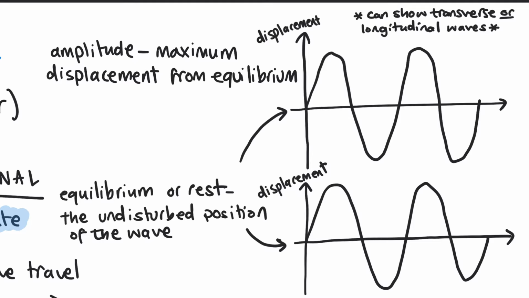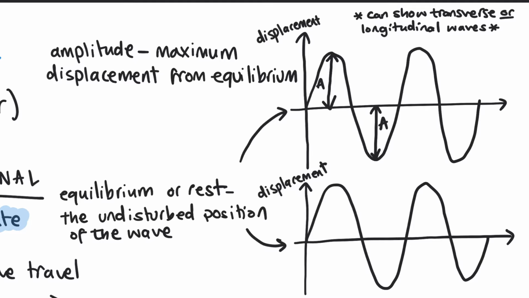You might need to identify that from a graph, and on the graph that would be shown as the maximum height from zero, which means that would take us all the way up to the top of the crest, and we would label that as A. It would also be true if we were to label from the zero position to the bottom of the trough. That would also be equal to the amplitude, because the disturbance of the wave goes the same height above as it does below.